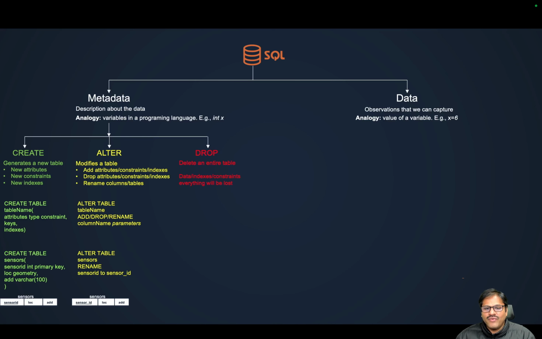Drop is the final SQL command for handling metadata. Its purpose is to delete an entire table and its contents. The basic syntax to execute the drop command is drop table, table name.